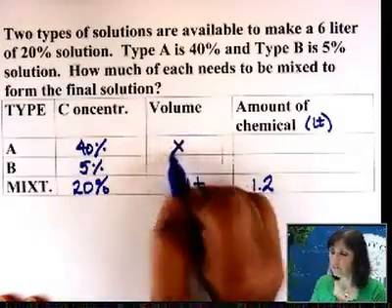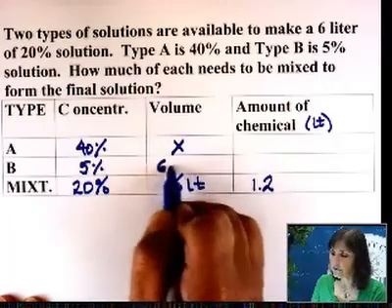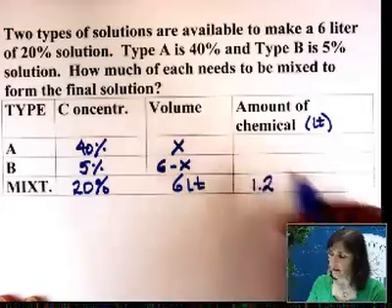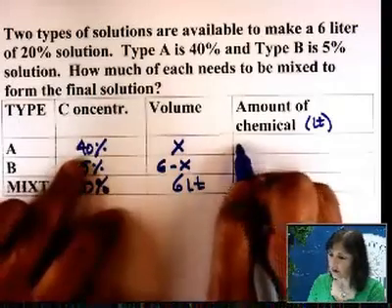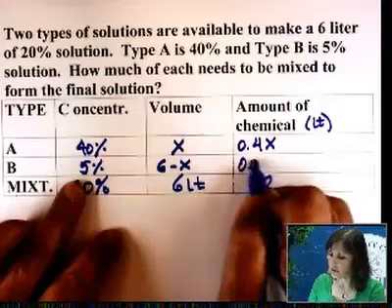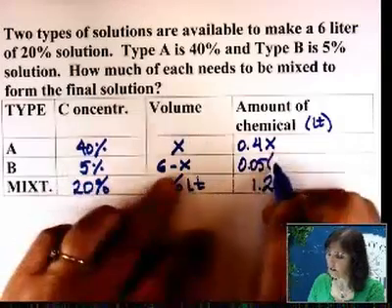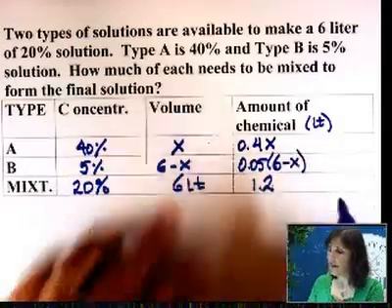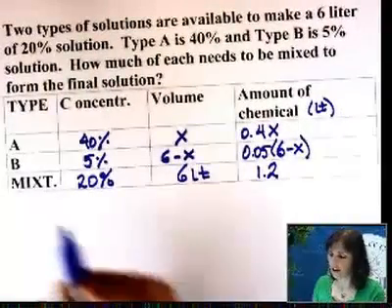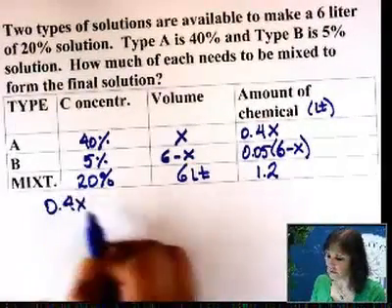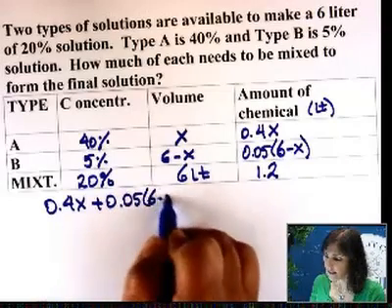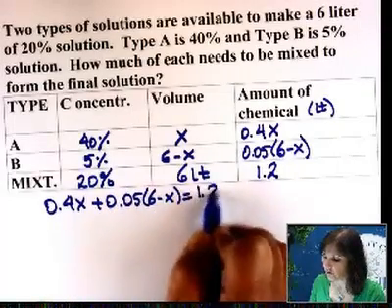The first one is x. What will be the second one? 6 minus x. Let's write the amount of chemical. Amount of chemical is simply concentration times the volume. And once you fill out your table correctly, the equation falls out. 0.4x plus 0.05 times 6 minus x is 1.2.